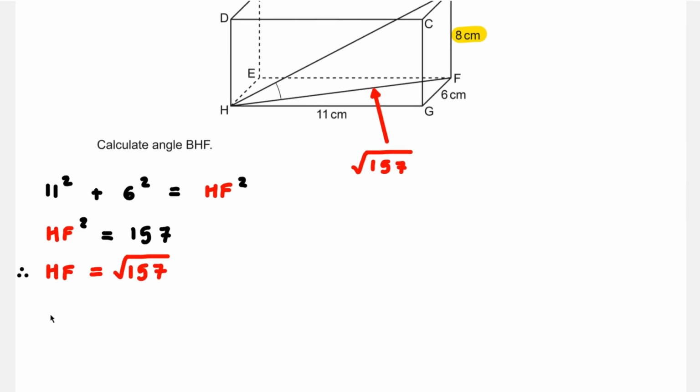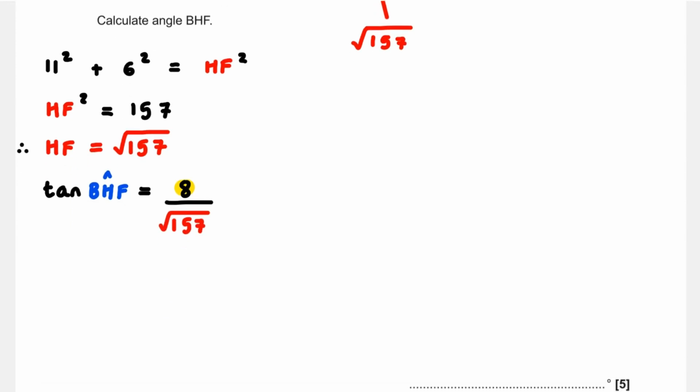So the tan of the angle BHF is equal to the opposite 8 divided by the square root of 157.